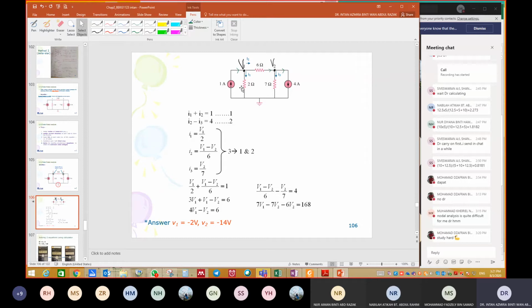We have two nodes here, meaning that we have two KCL equations. This is at node V1. The current entering the node is 1, isn't it? 1 equals I1 plus I2, or I1 plus I2 equals 1.